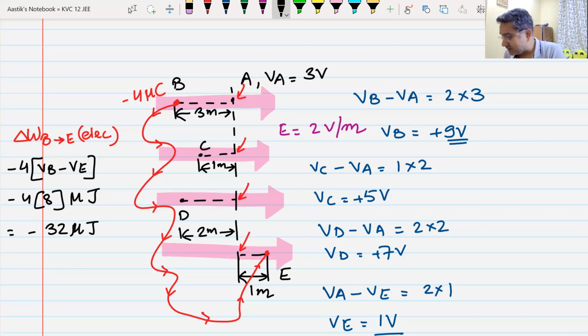Do you understand how this is done? In the previous class, we had found out the potential difference between the points. Do we remember that class that happened yesterday? This question is from the same class, beta. I'm just moving a charge, nothing else. Do we understand this? Yes, sir. Boys, I don't see conviction.